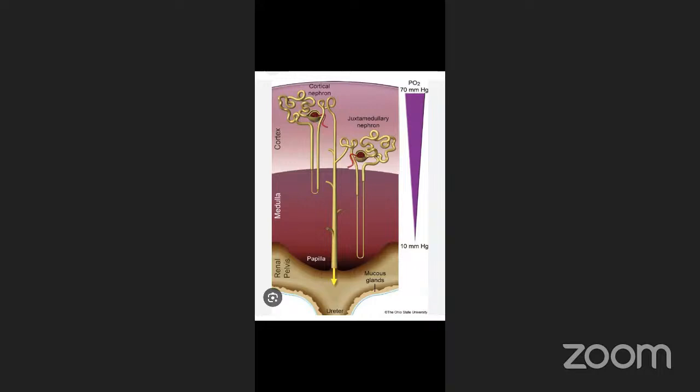Now, we get that the Bowman's capsule is wider to contain more glomerulus to cause more ultrafiltration.